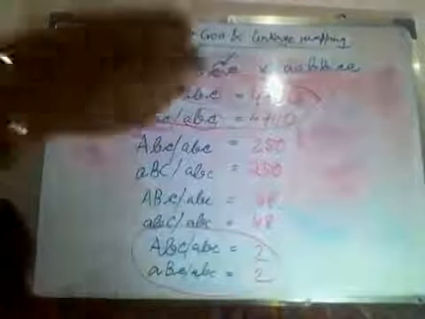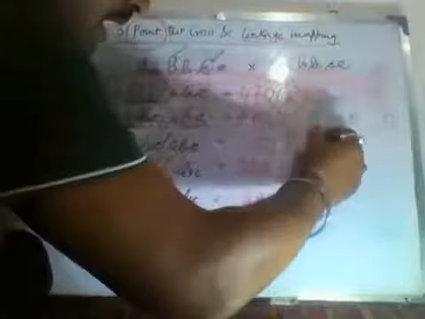Now, how to solve it? How to find out? In our solution page, we will write that the gene order is A, B, C by small a, small b, small c.